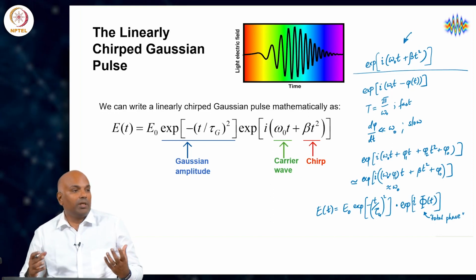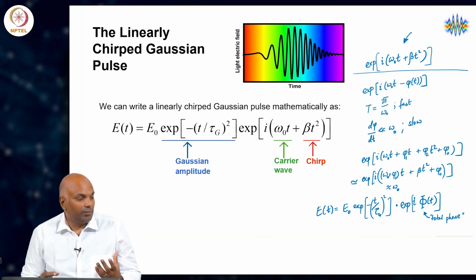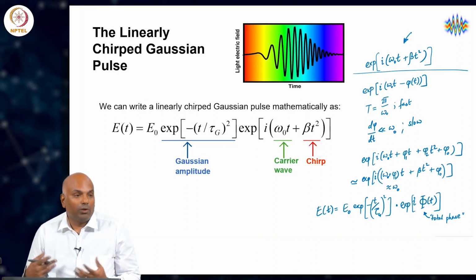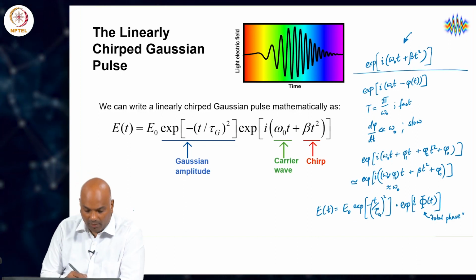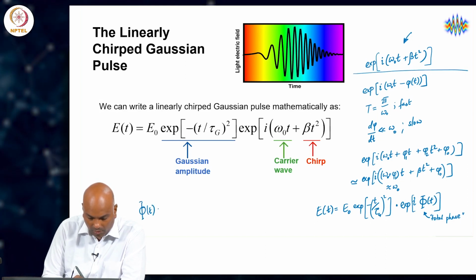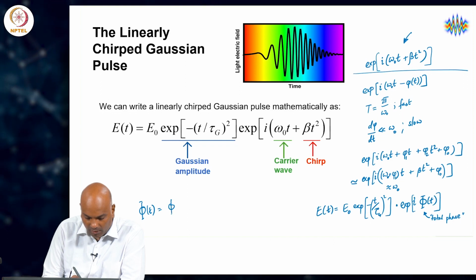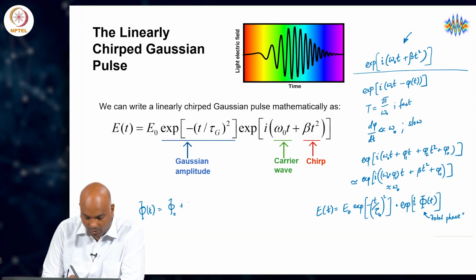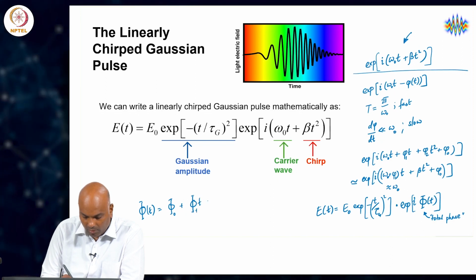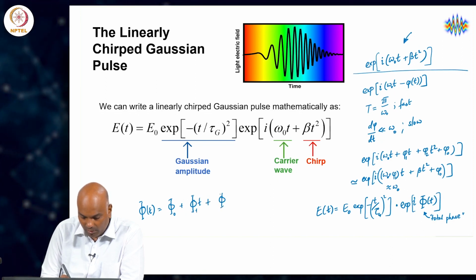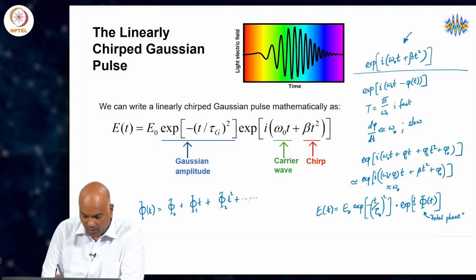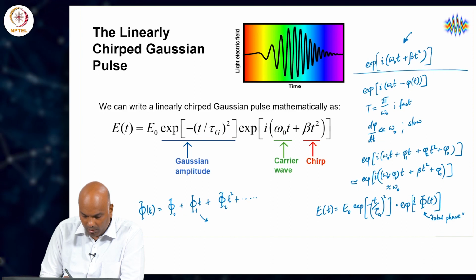It has everything about the phase of the pulse that we care about. This has omega naught, this has everything. And then we can talk about Taylor expanding this as phi naught plus phi 1 of t plus phi 2 t square and so on and so forth.